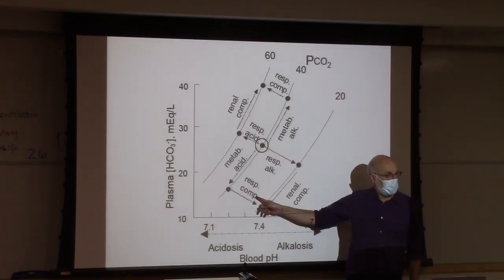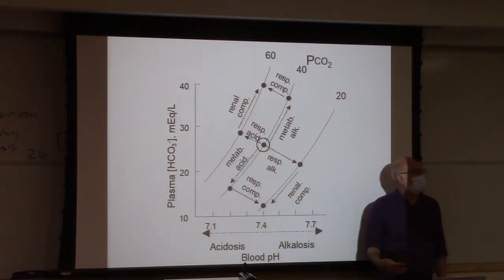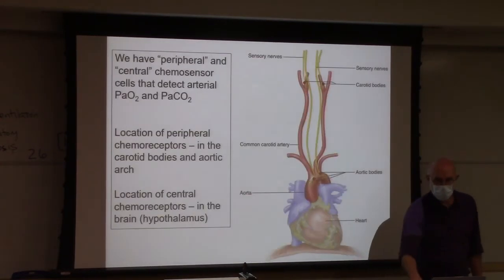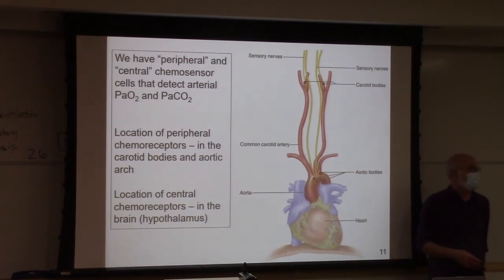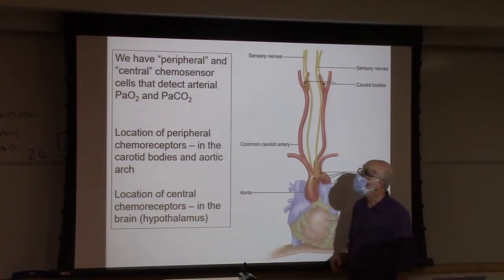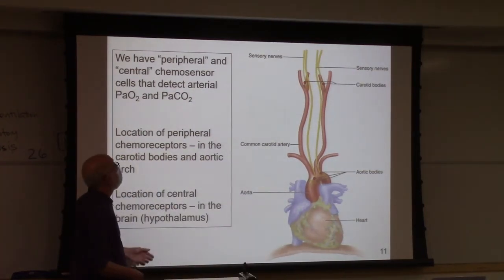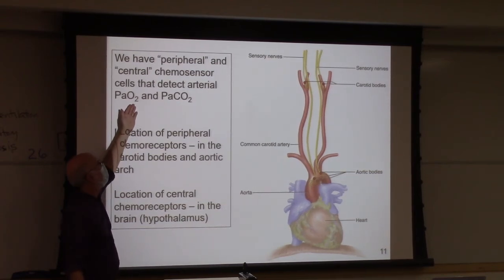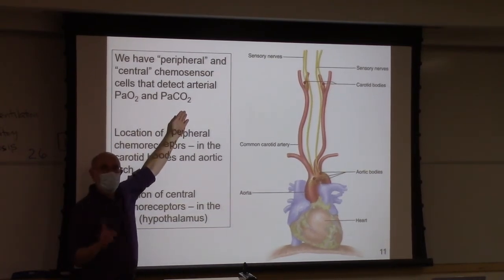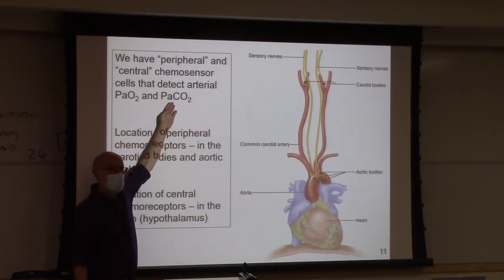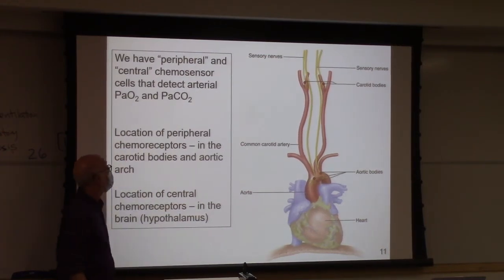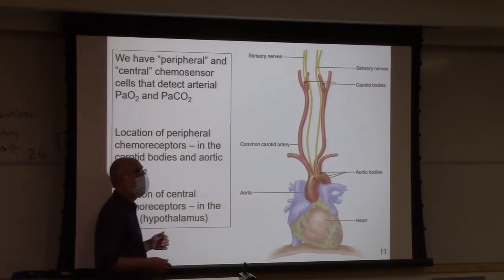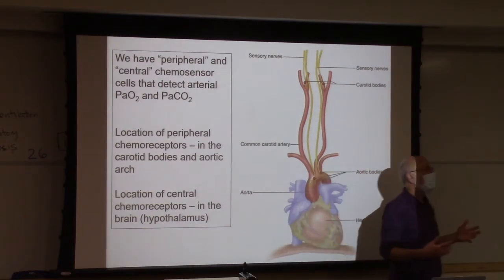How does your body know that it needs to increase its respiration? It knows it because we have chemosensors that detect partial pressure of oxygen, and indirectly they detect partial pressure of CO2. This is now getting into the nervous system, but we need to do this now because this is more part of the respiratory system.